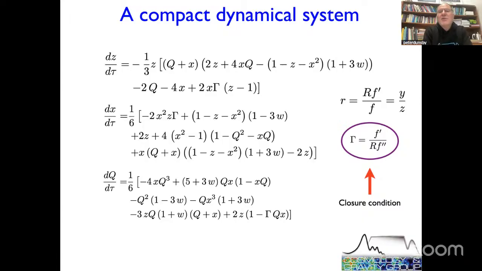And you're also restricted by the fact that not always are you going to be able to invert this term, the gamma that appears, in such a way that you can write the compact dynamical system entirely in autonomous form.